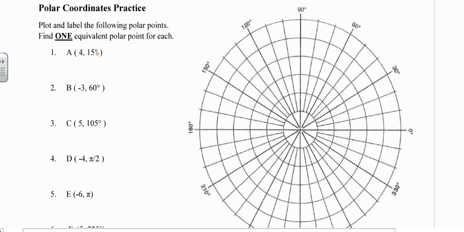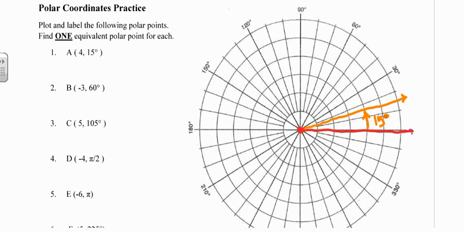I've got a radius of 4, a degree measure of 15. So let me go ahead and get my pole on there, my polar axis. An angle measure of 15 degrees is going to be 15 degrees up from that polar axis. And I'm going to think about naming that angle in a slightly different way.